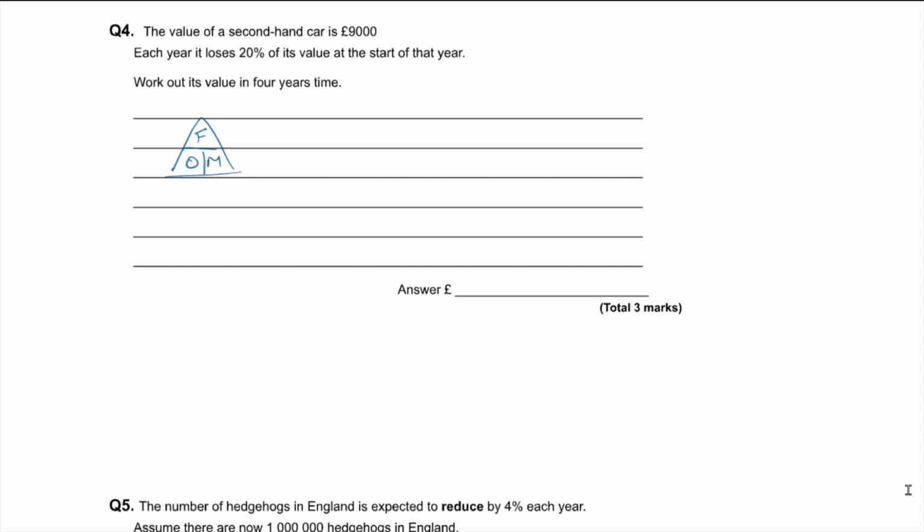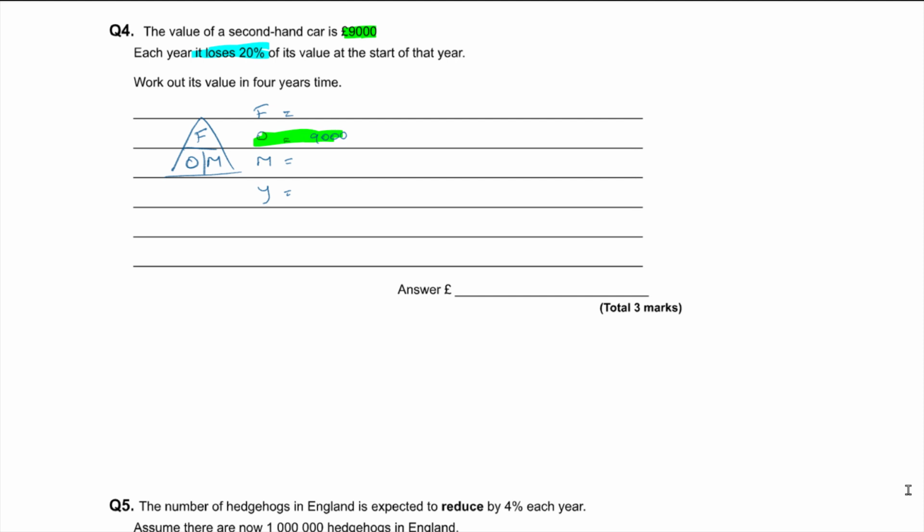So let's work out what we've got here. The value of a second-hand car is £9,000. So what have we got here then? Final, original, multiplier, years. That 9,000, that is the original, isn't it? So that goes there. Each year it loses 20% of its value.